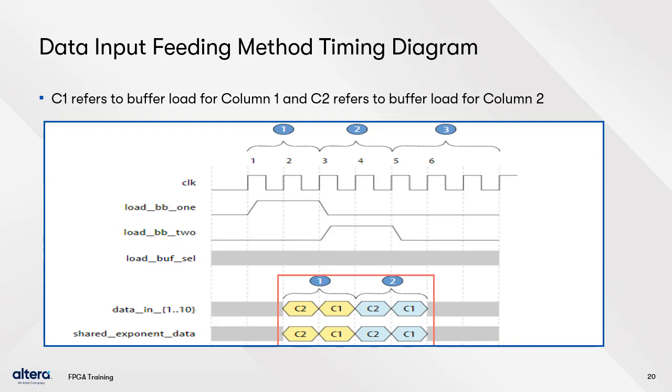The data and shared exponents are loaded in the ping-pong buffers for column 2 in cycle 2 and for column 1 in cycle 3. In cycle 3 to 4, load_BB_1 is set to 0 and load_BB_2 is set to 1 to preload the weight and shared exponent data into the second ping-pong buffer. From cycle 6 onwards, the load_BB_1 and load_BB_2 signals are set to 0 to disable the weight and shared exponent data loading.